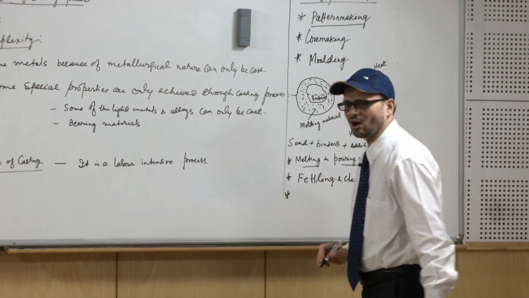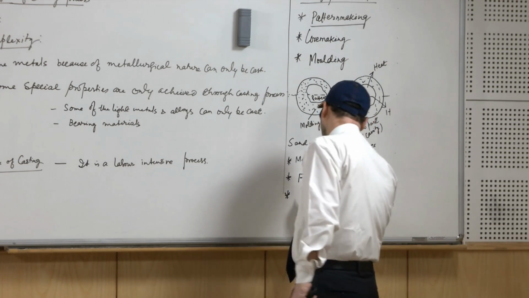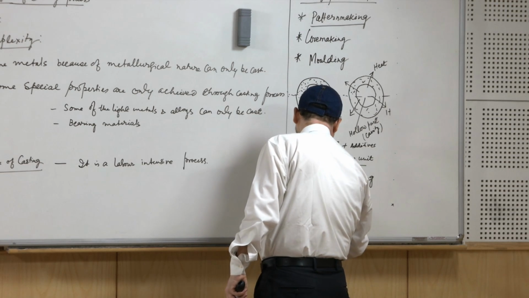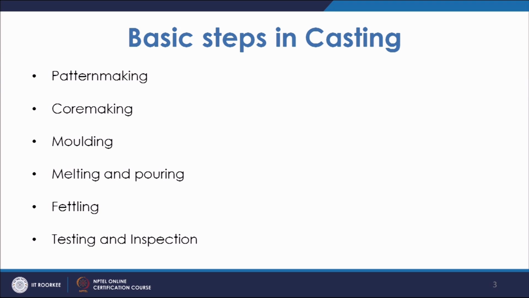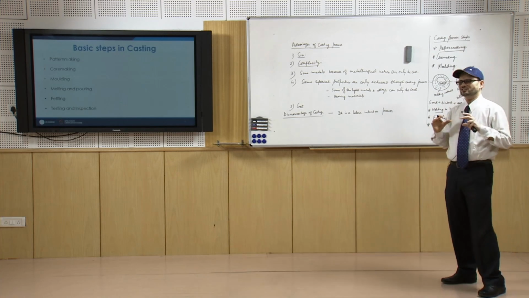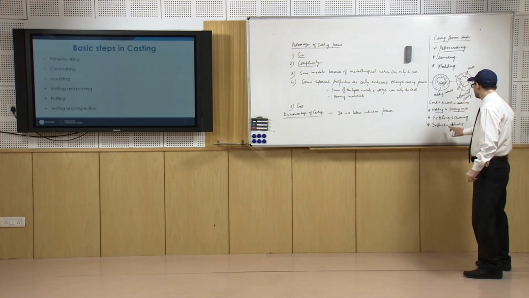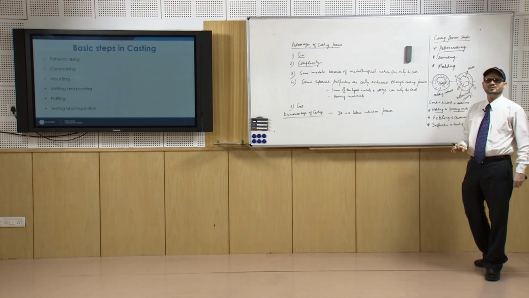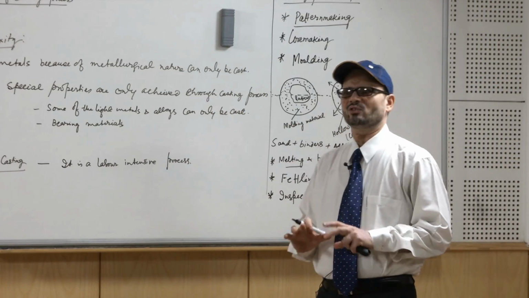Before that, however, you will have to go for inspection and testing. So, finally, once you have cleaned the product and the product is ready, you will have to also ensure that the product is metallurgically okay, it does not have defects.